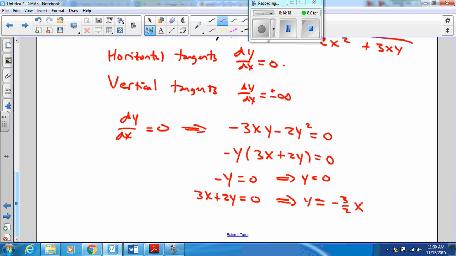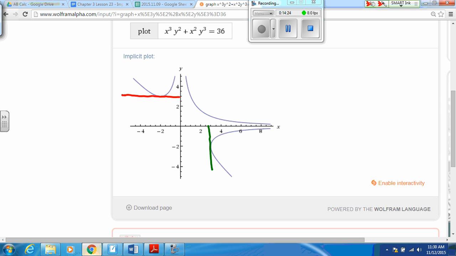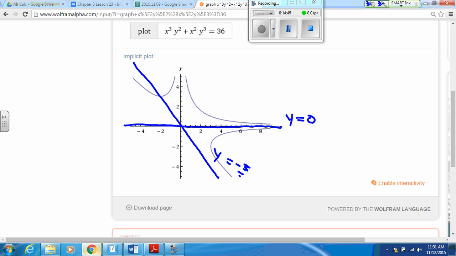Does everybody see the algebra part? Now what does this mean? Let's go back to our graph. Going back to our graph here, this is telling me that my points of horizontal tangency are either going to lie on the line y equals 0, or they are going to lie on the line y equals negative 3/2 x.